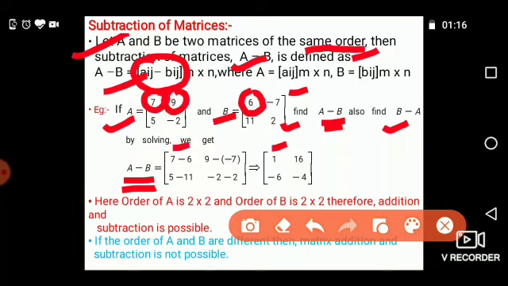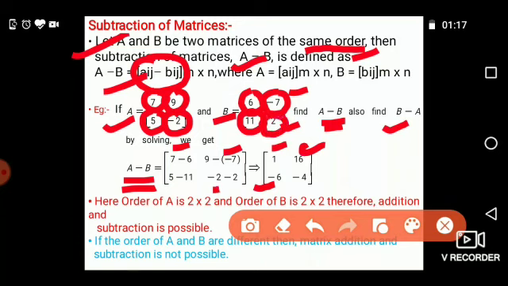9 minus of minus 7 is 9 plus 7, it gives 16. Second row, the corresponding element of the next matrix is 11. 5 minus 11 gives minus 6. And the last element of the second row, that is minus 2, the corresponding elements will be subtracted. Minus 2 minus 2 gives minus 4.